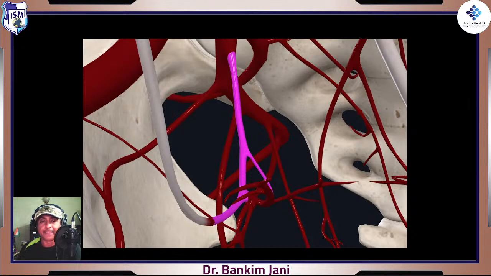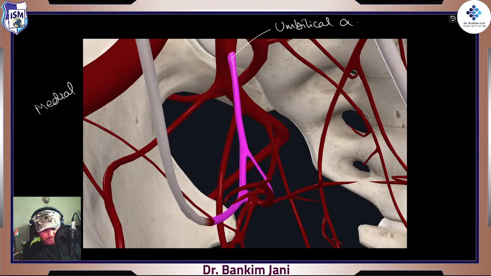Now see, that's how it goes. See, this is the umbilical artery. And see this degenerated portion, that would be the medial umbilical ligament.